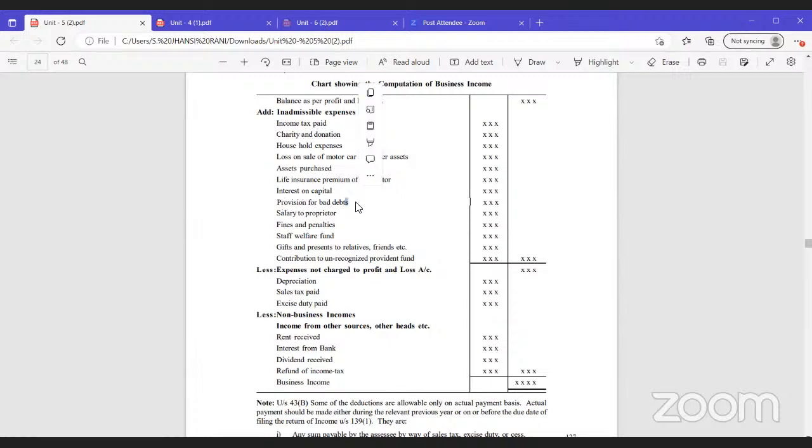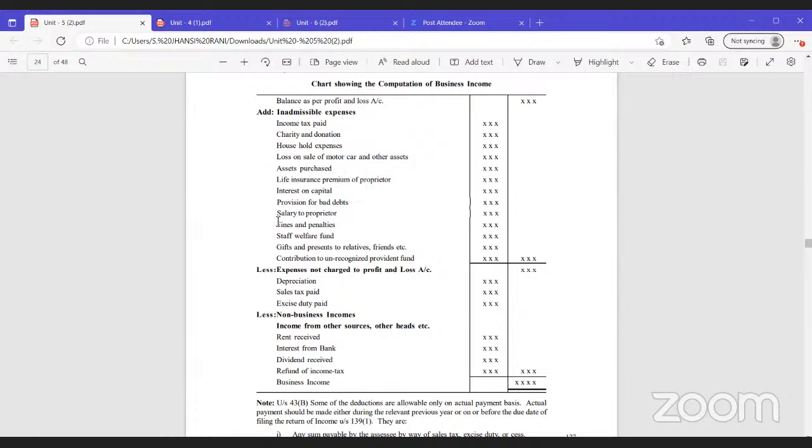I'm not sure. So, not to suffer that loss, I keep some amount aside from my profit as a provision for bad debts, to meet any loss I may incur in future. That is for your safe side. So that is not a business expenditure.